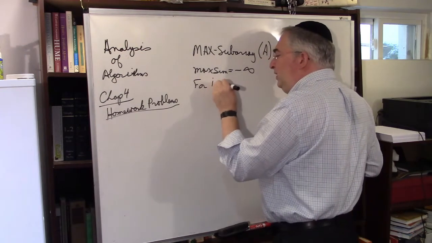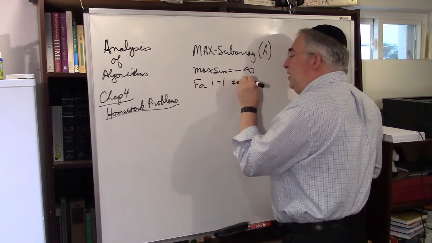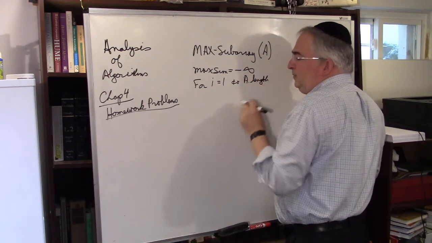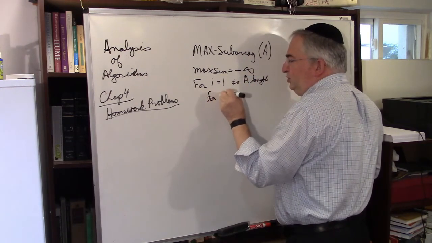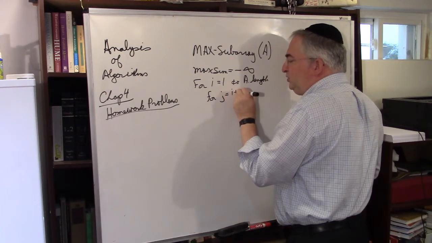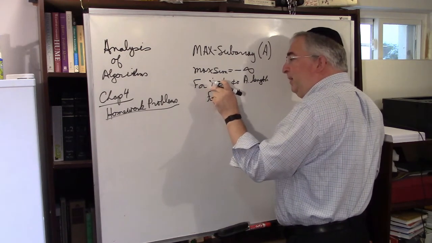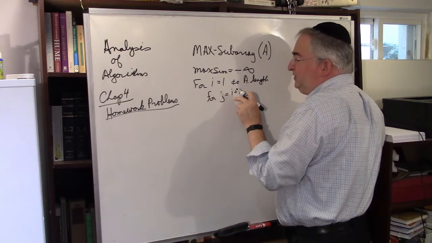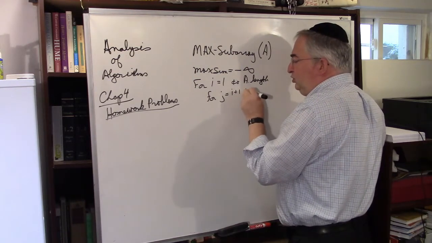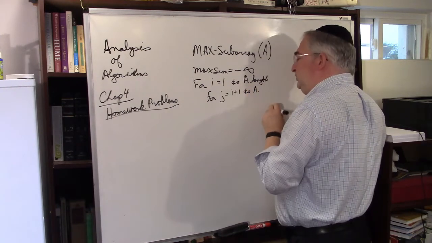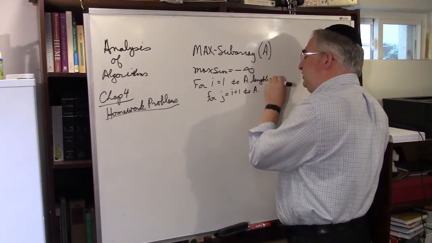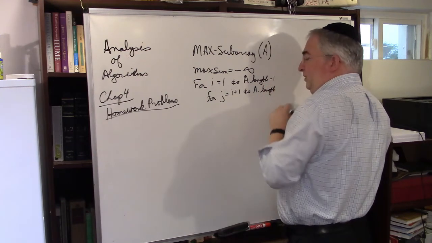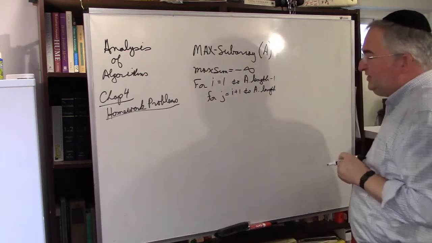Then you want to try all starting places and all ending places. For I equals 1 to A dot length, for J equals I plus 1 to A dot length. In other words, you're going to start buying at I, and you're going to look for a proper selling place at J. That's your potential selling place.